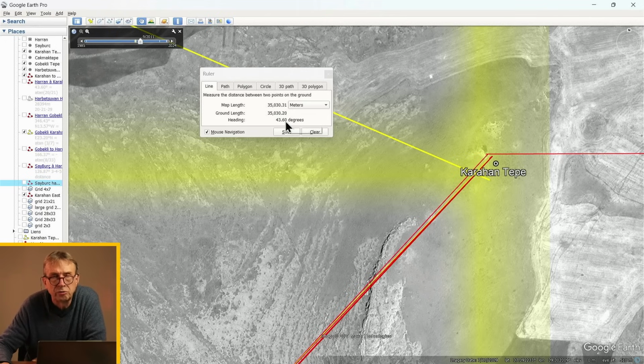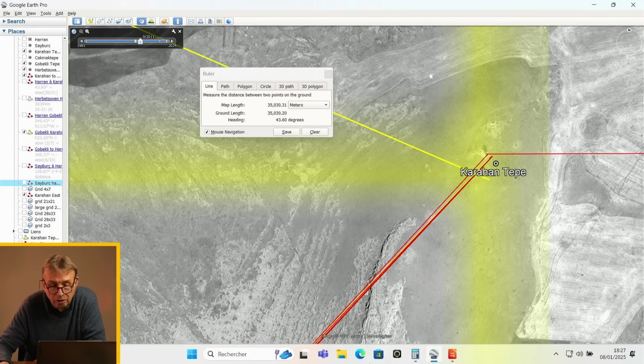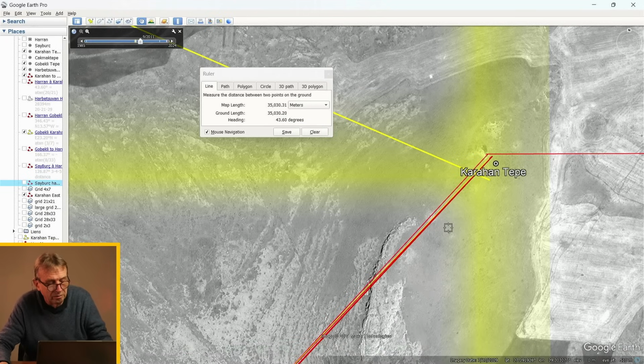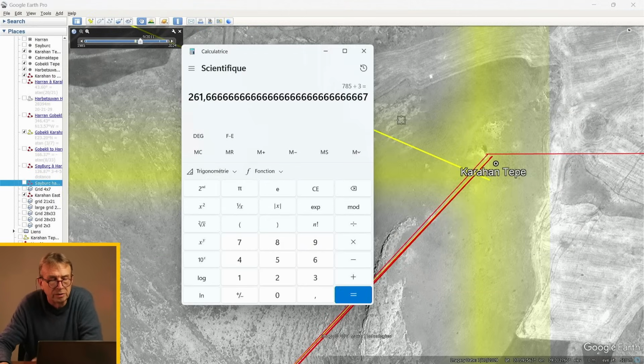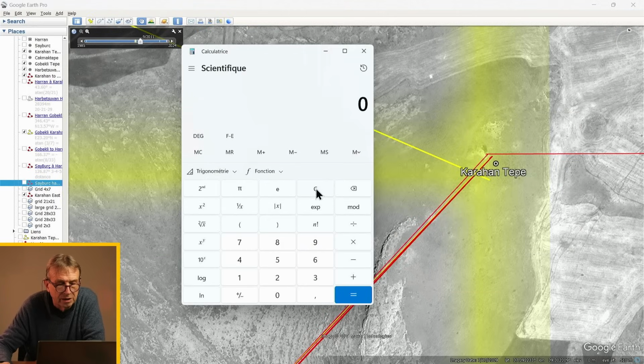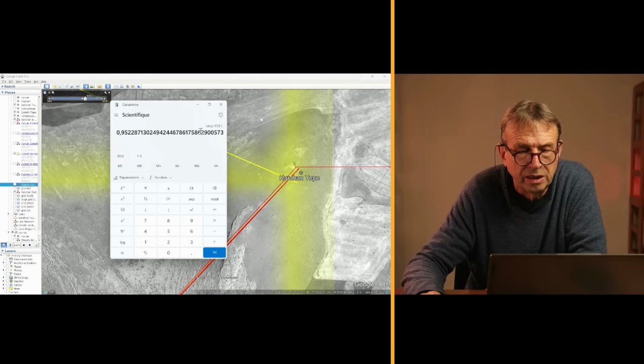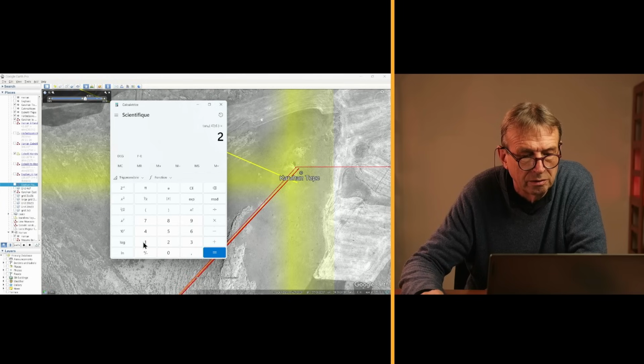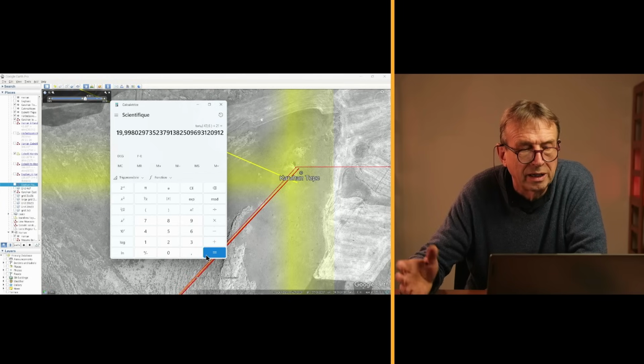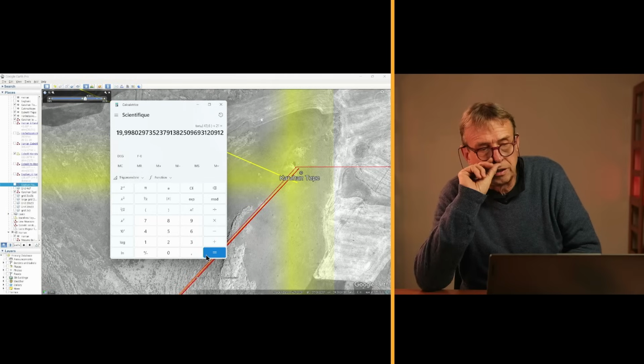And 43.6 degrees is the exact angle of the Pythagorean triangle. We can have a look at this if you like. If we take 43.6 degrees and I take the tangent of this, it gives me this value. If I multiply that by 21, I get 19.998.